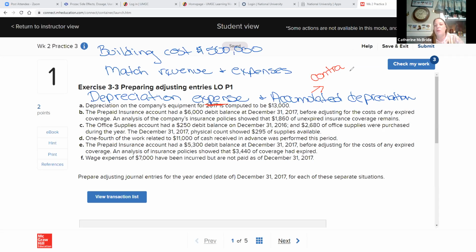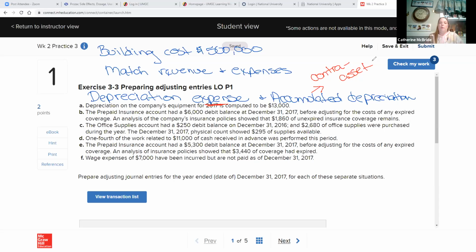It's what's called a contra account. And this one is a contra asset account. So contra means the opposite of. And so this account is a type of asset, but it has the balance opposite what a normal asset would have. So if a normal asset has a debit balance, accumulated depreciation has a credit balance.